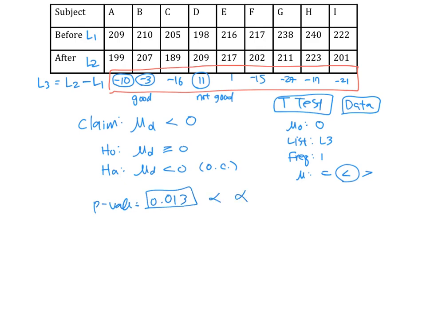So again, it's smaller than alpha. That means my sample is unusual, and again, I reject samples that are unusual. So I reject H0. That means I support HA. So my final conclusion is, the original claim happened to be HA. What did I say to HA? I supported the HA statement, so I'm going to support the original claim statement.